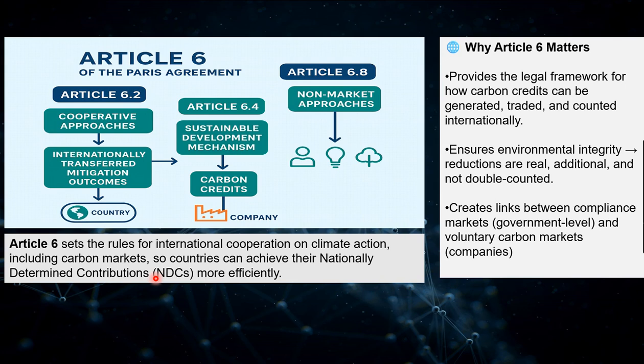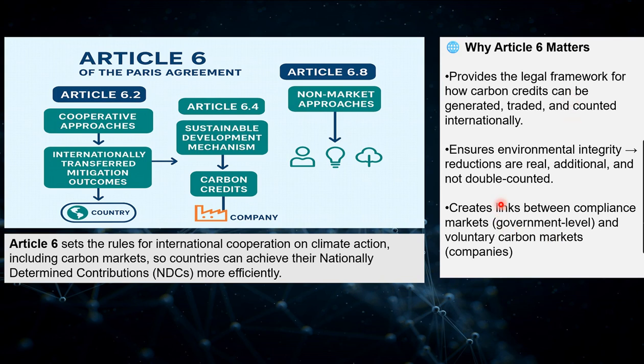Say, for example, India says that by 2070 we will go net zero. So that's a nationally determined contribution from the country. It sits at the top level, and then it percolates to the companies, to the emitters in that country, and then to lower levels. So it comes from there. Why does Article 6 matter? It provides a legal framework for the trading of carbon credits, how they can be generated, and all the rules.